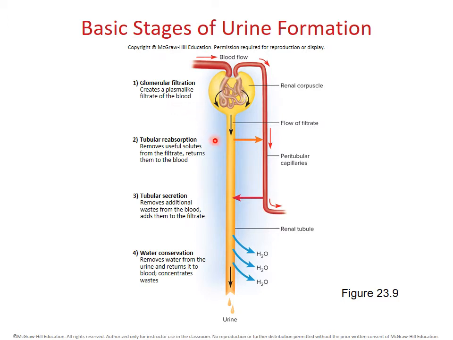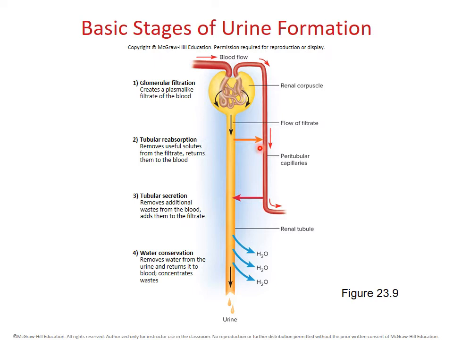And so what has to happen following filtration is we have to perform a second physiological function known as tubular reabsorption. Tubular reabsorption, recall, is the opposite of filtration, where we move materials back into the bloodstream from the nephron. And this is a very important process in reclaiming materials back into the blood.